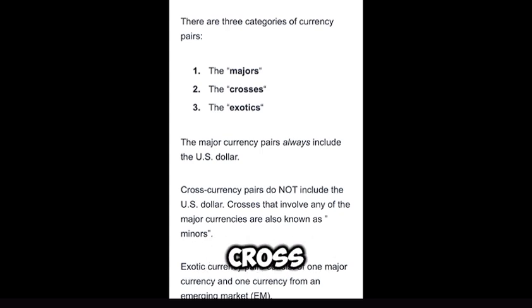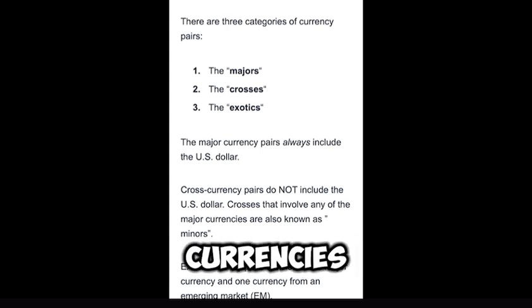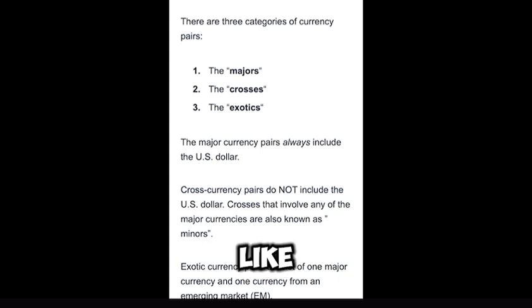We have the exotic currencies. That is any currency that is a lot smaller, like the Brazilian currency, the Sierra Leonean leone, the Nigerian naira, and let's say the Ghana cedis. Any currency that does not have too much strength in the market.